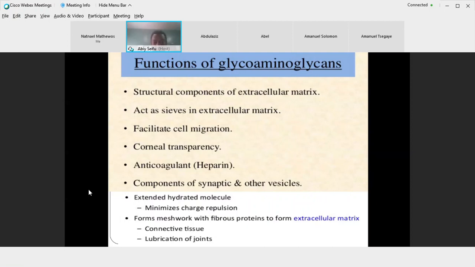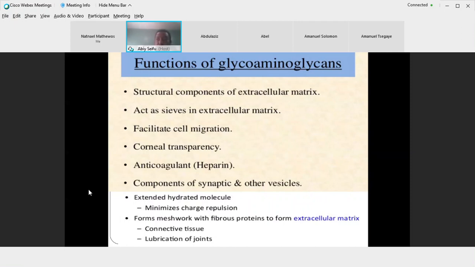Therefore, cancer cells specifically synthesize specific glycosaminoglycans in order to enhance cell migration, or in order to metastasize. Some glycosaminoglycans are useful for corneal transparency, and heparin is the natural anticoagulant.